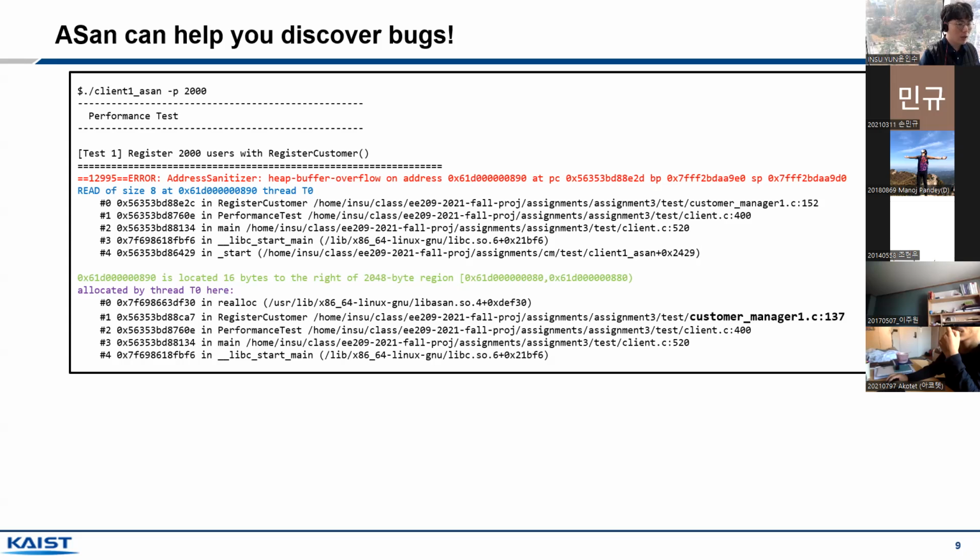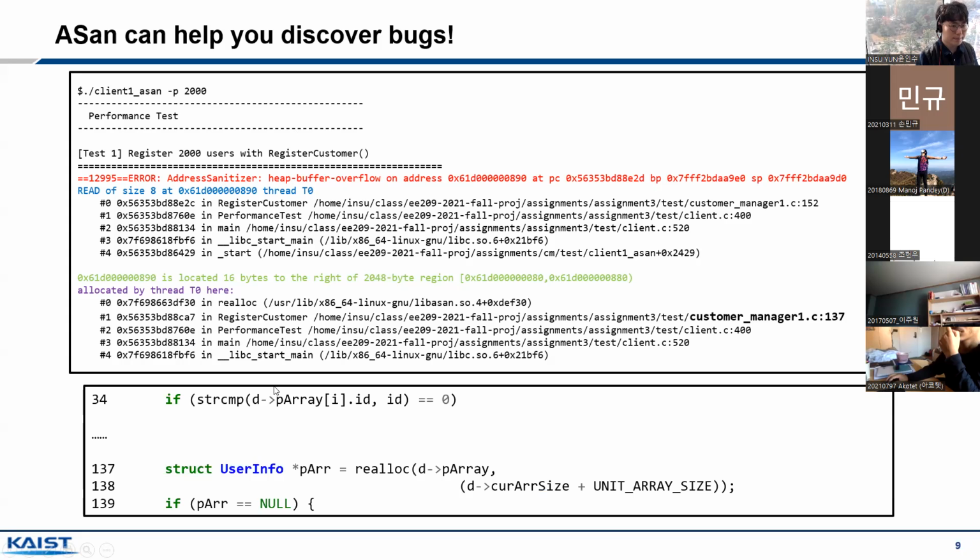The second case is that you believe you allocated enough memory, but it was wrong, and you try to access memory beyond its size. So that's the reason why it shows you two types of call stack, where you allocated it and where you used it. And if you go to the code where you allocate memory, you will see this code.